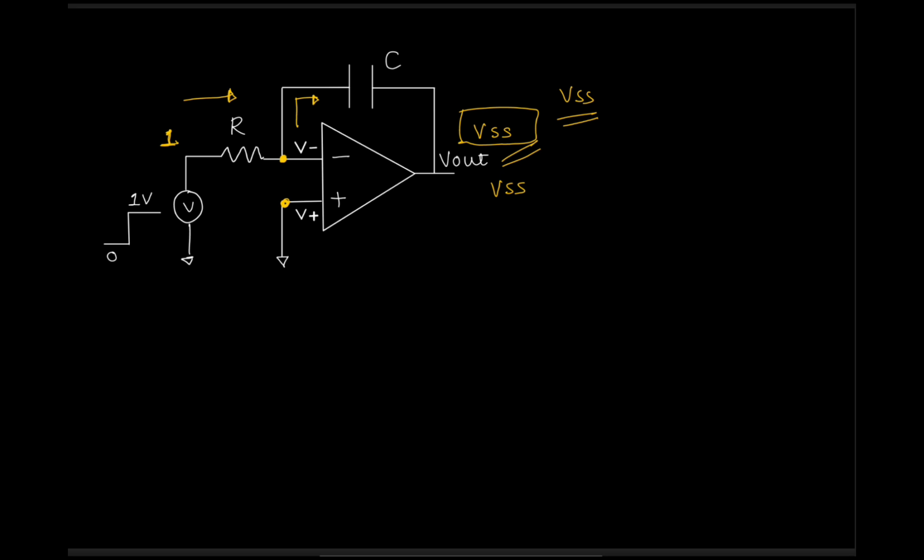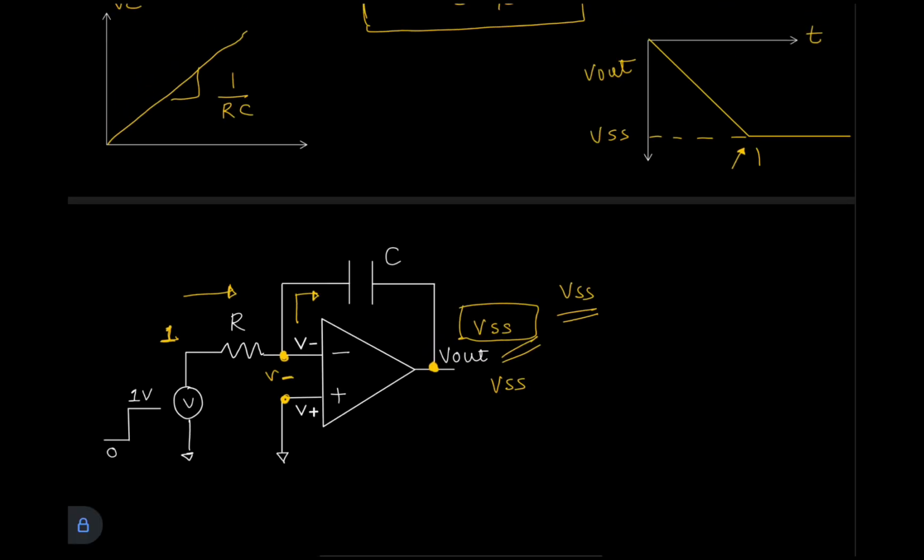Previously it was a negative feedback and this difference was 0, because we have an output which is increasing with the difference of this. Now the output is saturated, so this condition is no longer satisfied. That's why this voltage will increase. V minus will increase after this voltage hits it.